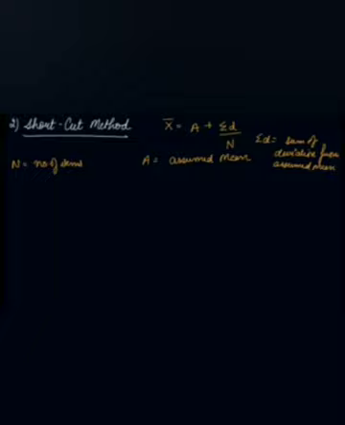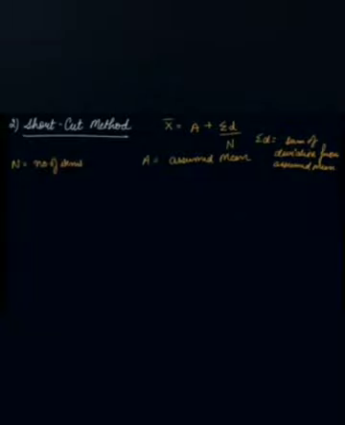In this shortcut method, from the series you take the middle value as the assumed mean. Then, to calculate the deviation, you subtract the assumed mean from the items of the series. You get the deviations, then you add all the deviations to get summation D, and then you can put in the formula and calculate.